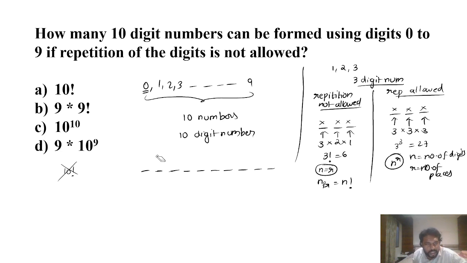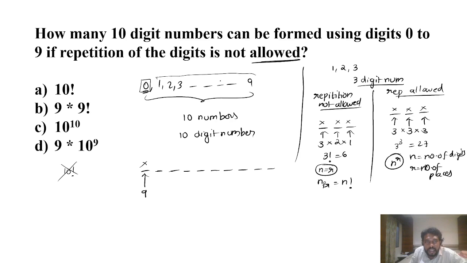So there is a default condition when 0 is given in the data. Except 0, I can use any number here. That means out of the remaining 9 numbers I can use any number, so this place can be filled in 9 ways. Now out of these 9 numbers, one number is here. As repetition is not allowed, I cannot use that number again.